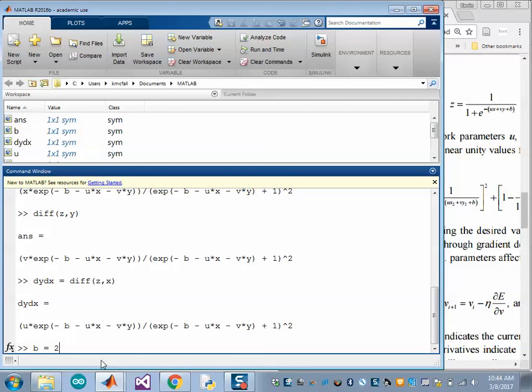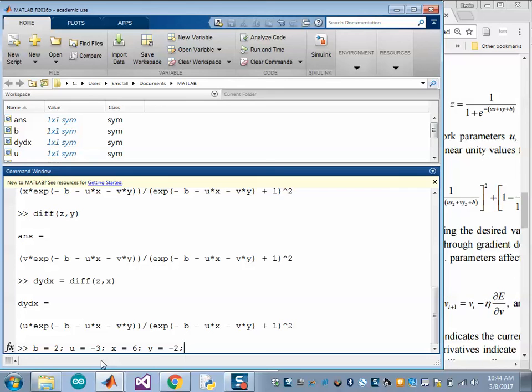Let's say b happens to be 2, u happens to be -3, x happens to be 6, and y happens to be -2. Okay? So I maybe now want to evaluate what is the derivative dy dx at given values of all the things in there. I might want to know that.